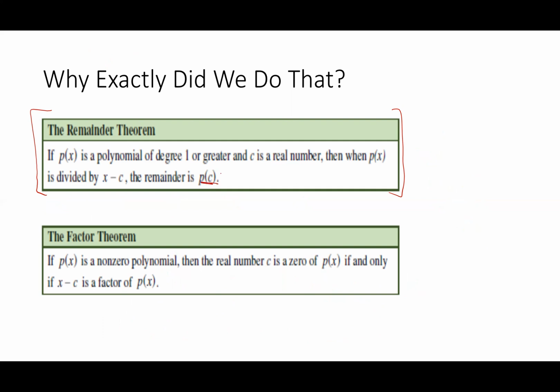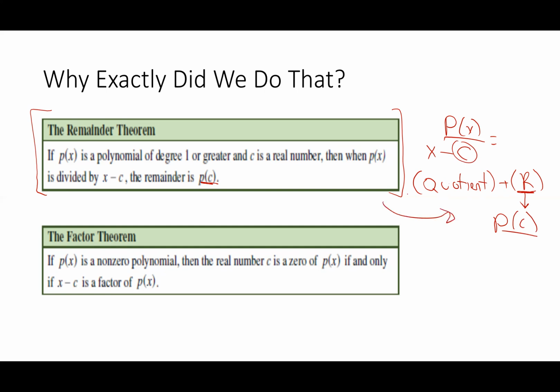Effectively, what I'm saying is, if I take some polynomial and I divide it by x minus c, I'm going to get some quotient and then a remainder tacked on. That remainder is that polynomial evaluated at c. That's all we're saying here in the remainder theorem.